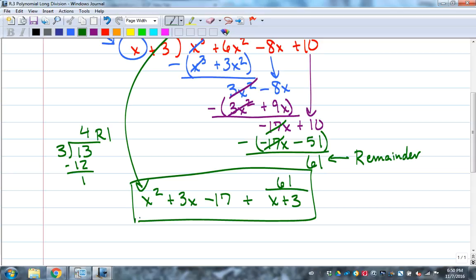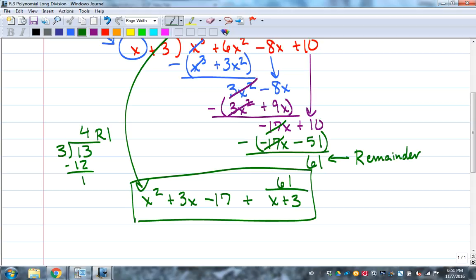Whatever's on the outside is always going to go there. The only time this won't be here is if the remainder is 0, and then there's just no remainder to write. So your answer is that: this is our quotient, and this is our remainder over what we divided by. Always going to be that way.